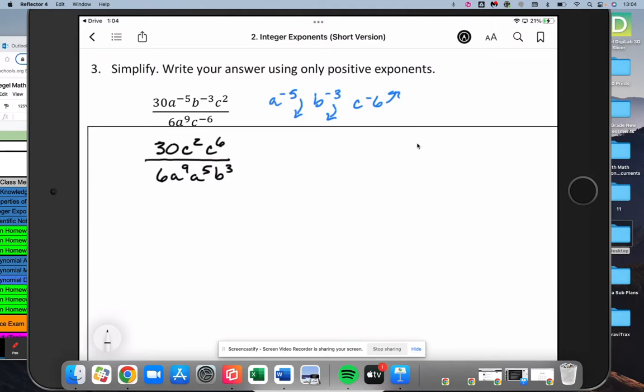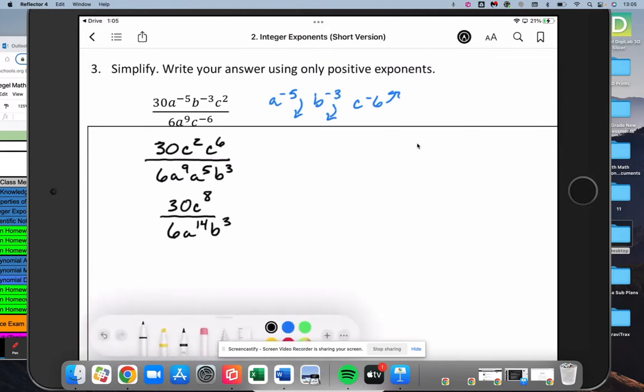So now I can simplify the numerator and simplify the denominator. So I will have 30, not a, c. There are 2 c's and 6 more c's makes 8 c's. In the denominator, I'll have a 6. 9 a's and 5 a's makes 14 a's. B to the power of 3.